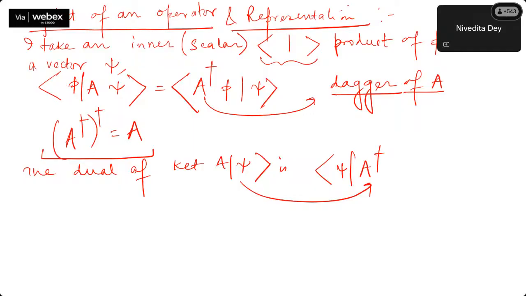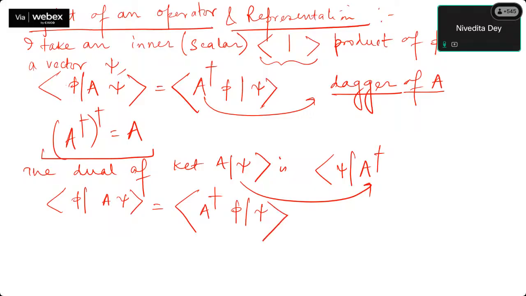Okay. This is the dual of A ket psi, that is psi A dagger. And then this phi A psi, which was A dagger phi psi, this thing.